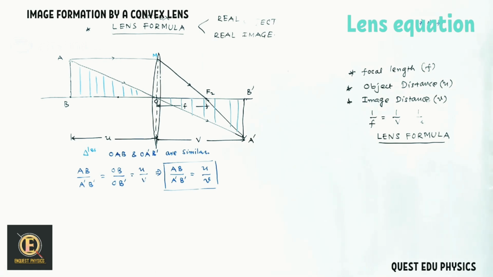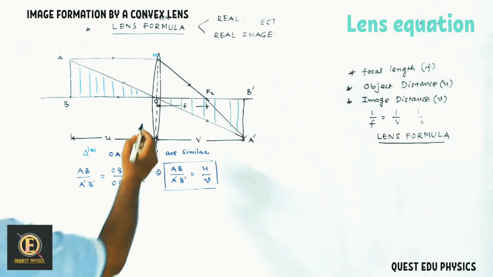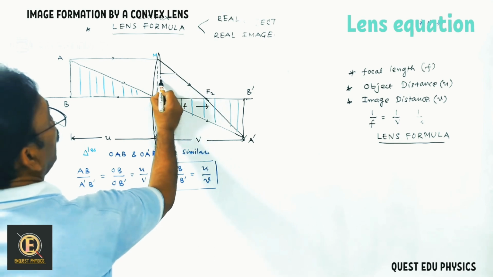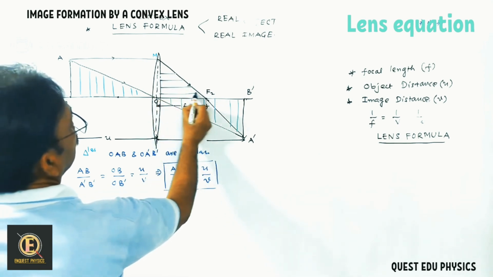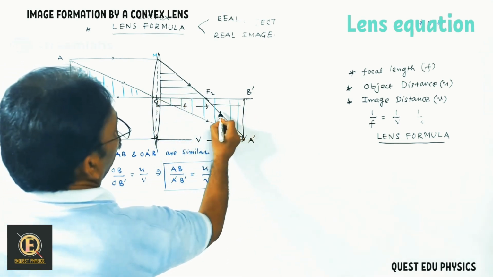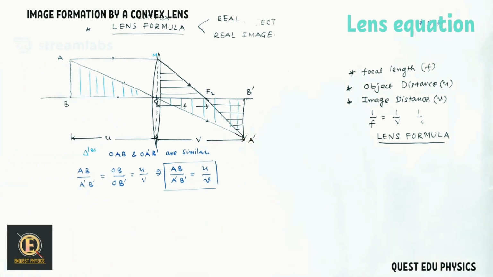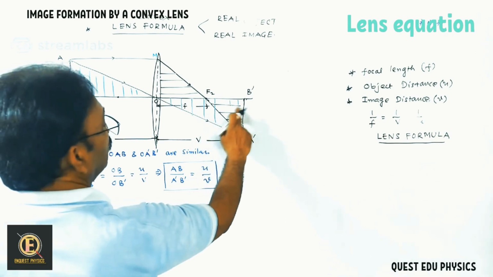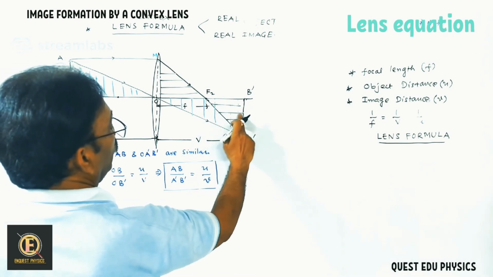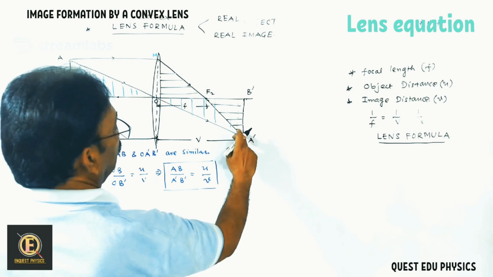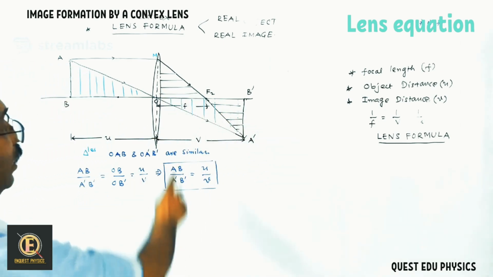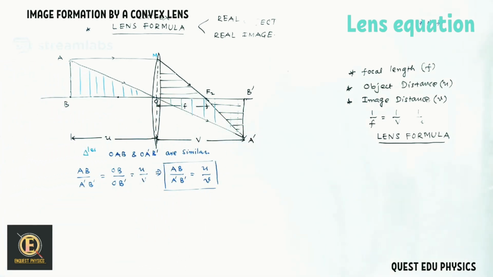Okay, students, see the dotted lines. They are horizontal. These are also similar triangles, students. The triangles MO F2 and B dash A dash F2 are similar.